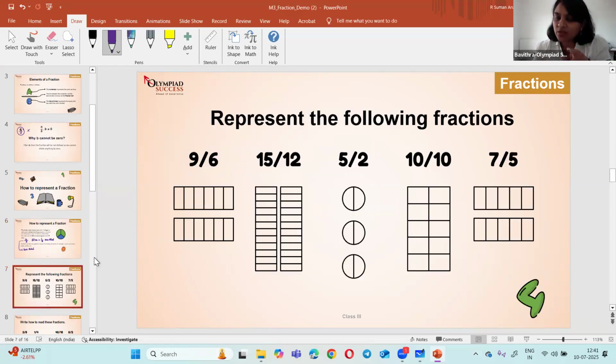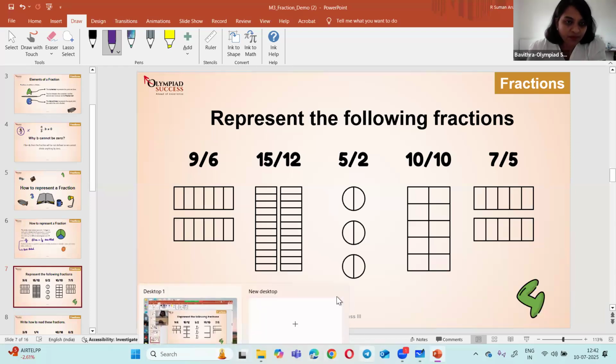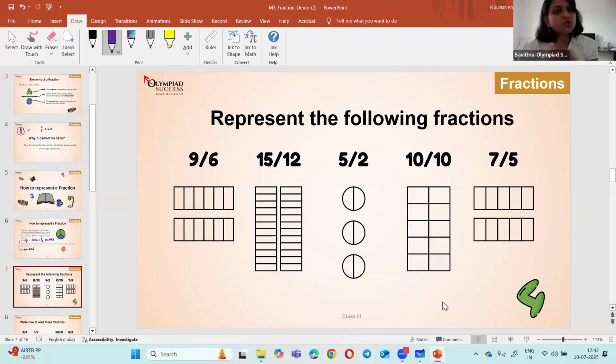Now I want Jaiveer to tell me how to represent this fraction here, 9 upon 6. The total number of parts is 6, Jaiveer. How do we represent 9 out of it? Jaiveer, I am not able to see you.